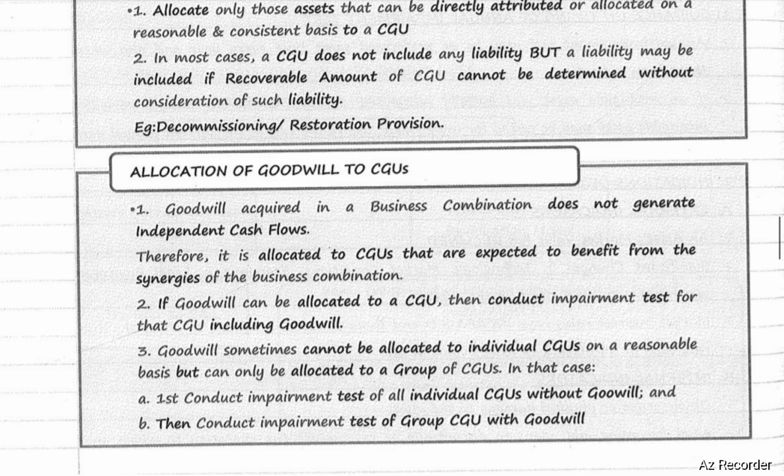Goodwill sometimes cannot be allocated to individual CGUs on a reasonable basis, but can only be allocated to a group of CGUs. In that case, first conduct an impairment test of all individual CGUs without goodwill, and then conduct an impairment test of the group of CGUs with goodwill. First one is without goodwill, second one is with goodwill.